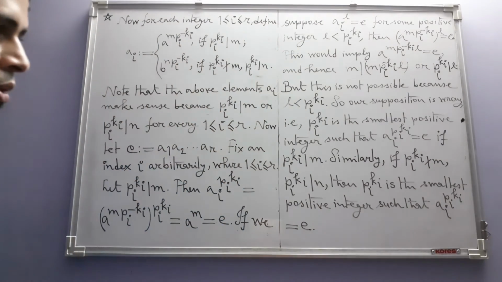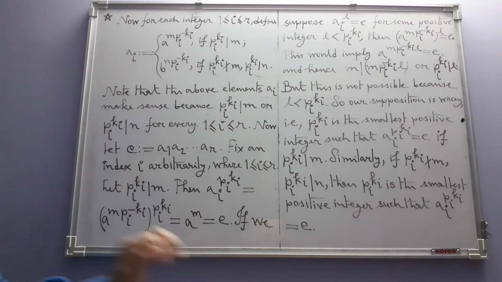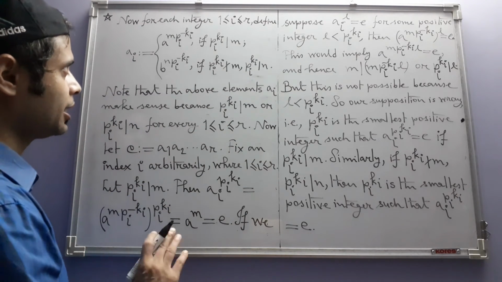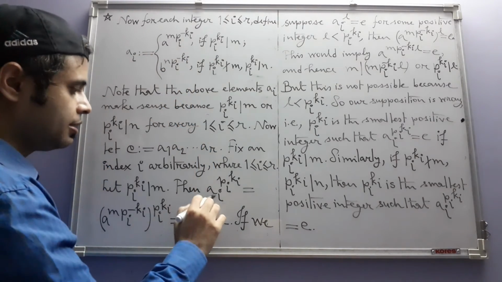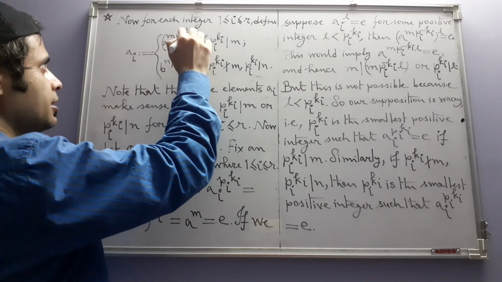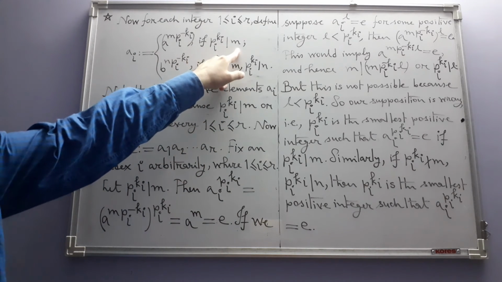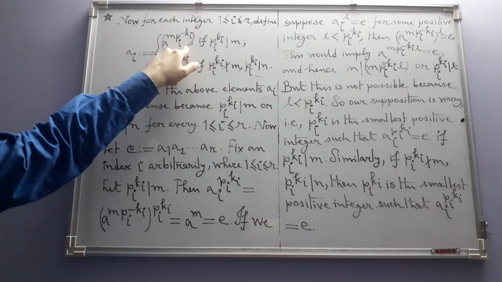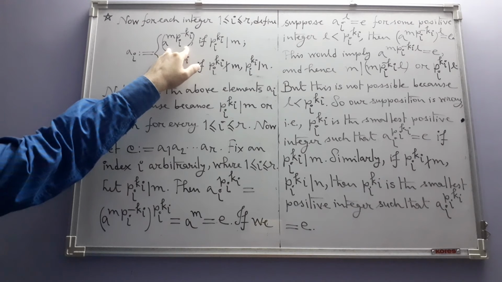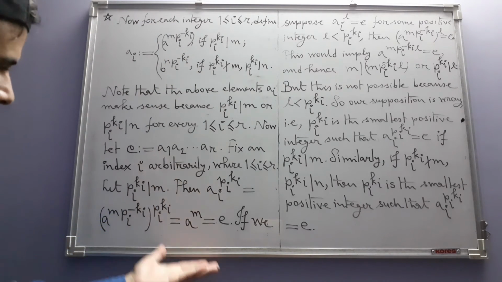Or if you find this way of writing somewhat confusing, you can do one more thing. Instead of taking a_i, you take this element itself, under the condition, of course, that this condition should be there. Under that condition, this group element will have order p_i to the power k_i, and the proof is similar.